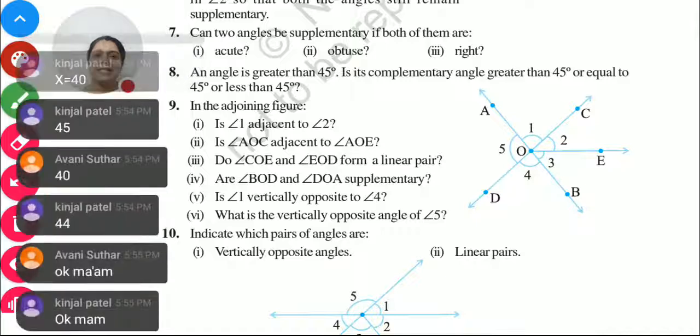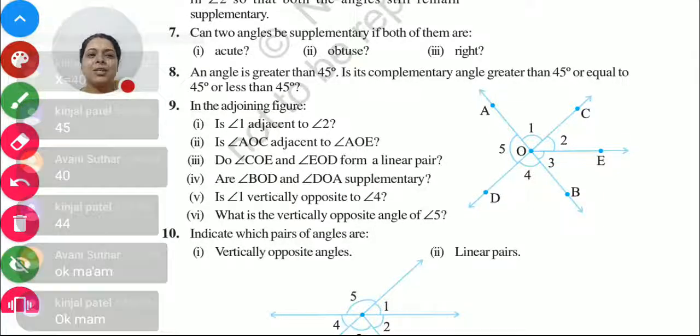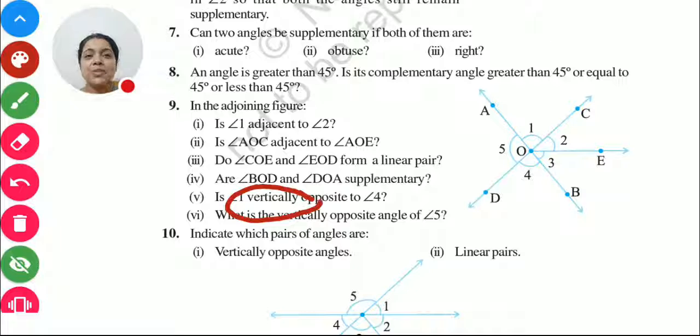Okay, so let's see. It's only asking for yes or no. Question number 9. So we have to check it. I'm just giving you a hint. When it is talking about vertically opposite angles, remember it will form 180 degrees. When we are talking about adjacent angles, it means the vertex and one arm are the same.